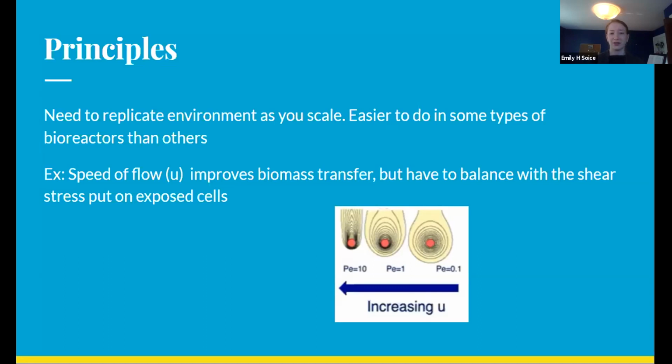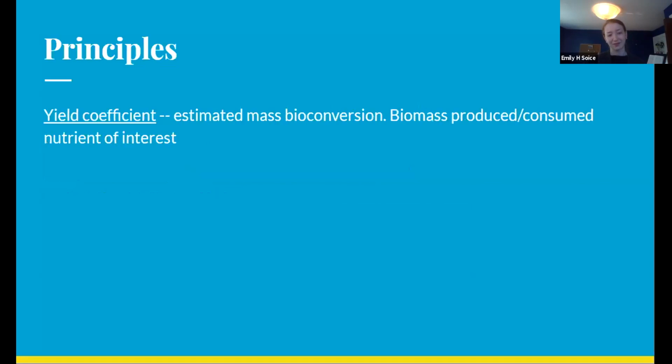So one of the things that you need to think about is how well you can have biomass transfer. And one way to improve your biomass transfer, like how well those resources can get to your cells, is to improve the speed of flow of materials around your cells. But then you also have to balance that with the idea of the shear stress that you're putting on those cells when you're exposing them to a fast flowing fluid.